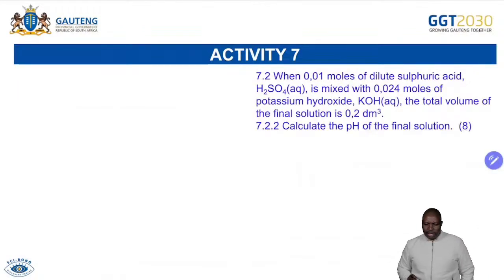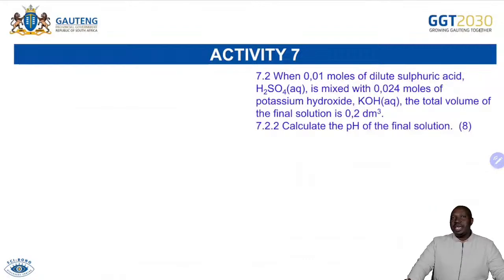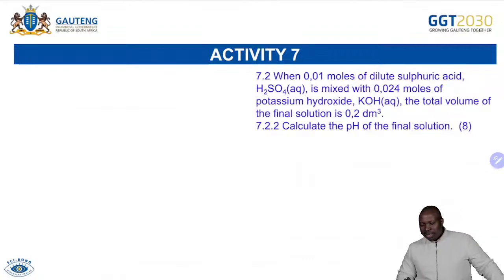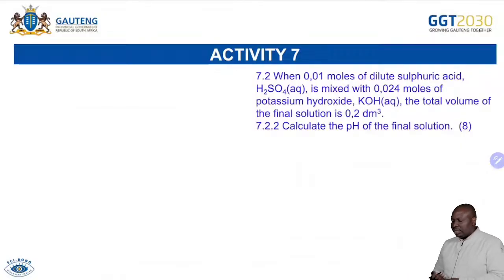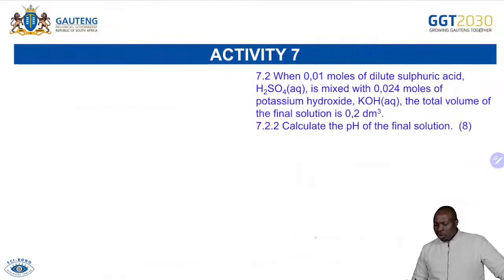Now, as we conclude, the last question for the day is saying calculate the pH of the final solution. So this is where the science is, and it's important that you have understanding. Remember what we talked about. We talked about the reaction between sulfuric acid, H2SO4, and 2KOH to form the salt, potassium sulfate plus water.